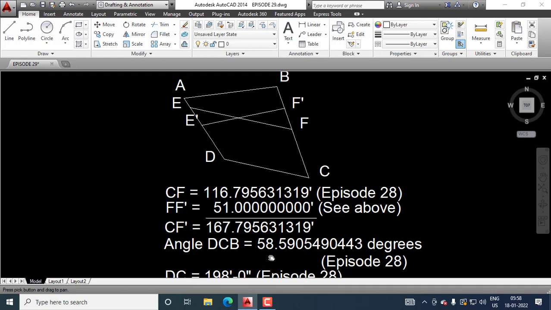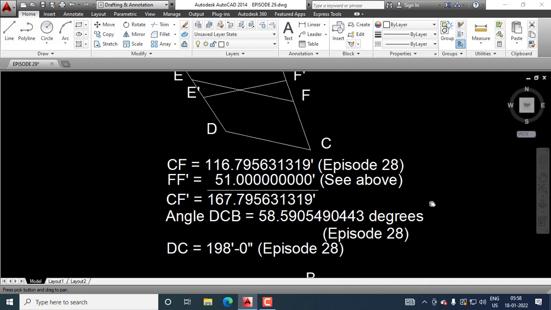We know angle DCB. It is 58.590,549,0443 degrees. We got this figure from the previous episode 28, and we know DC also, 198 feet 0 inches. We got this figure also from episode 28.